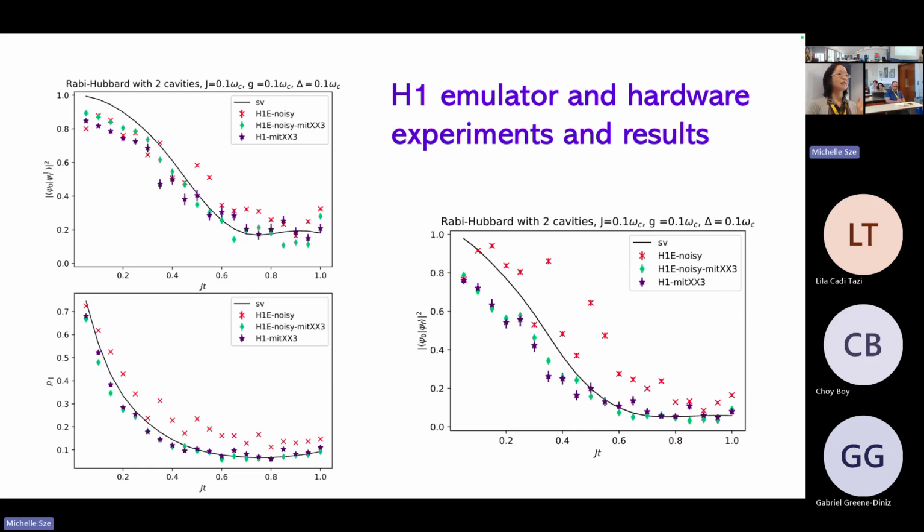One should expect that from LCU because of the architecture of the algorithm. We mitigated those noises by doing some dynamic decoupling. We inserted pairs of X gates on those idling qubits so that they wouldn't be idling too much. That's how we mitigated that memory error.